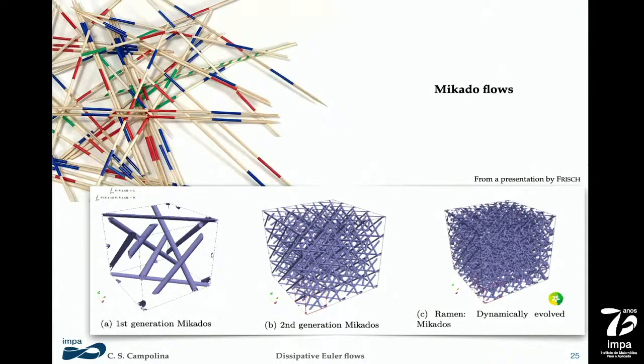And as I mentioned, the idea is to construct a sequence of solutions and to perform perturbations with these Mikado flows. At each step, you perform a different perturbation, which operates at more and more frequent, more and more oscillatory frequencies.